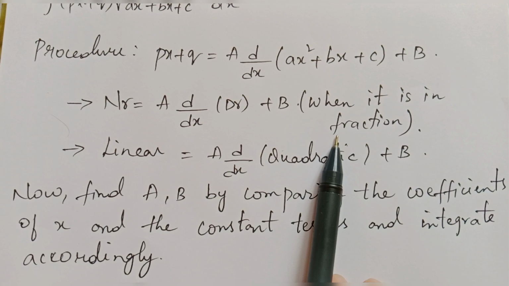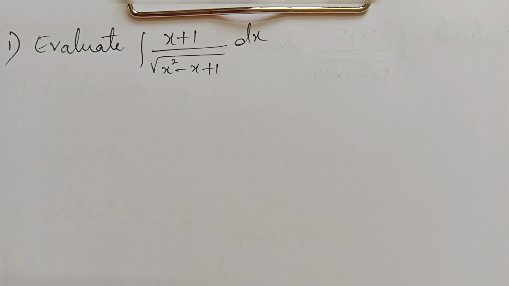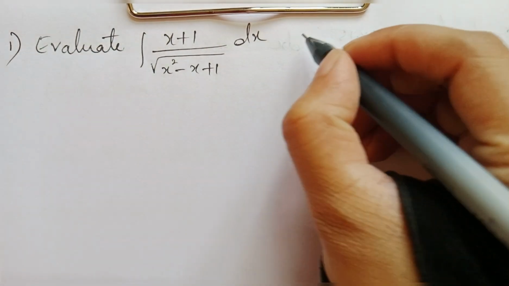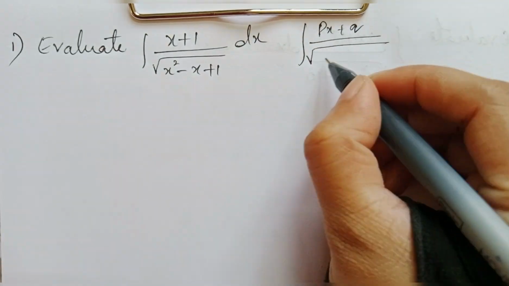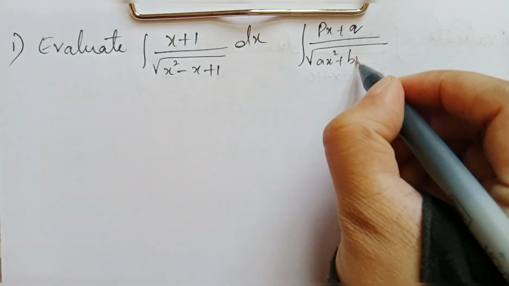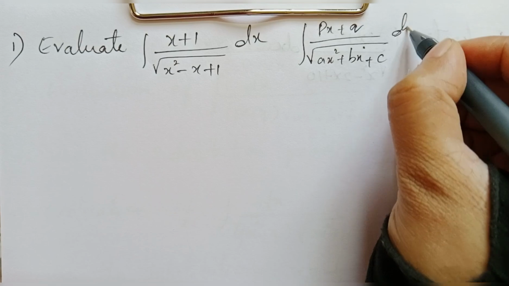This is a very important rule to remember in order to solve the questions. We'll solve a few questions based on these types so that you will understand better. So our first question is: evaluate the integral of (x plus 1) by root of (x square minus x plus 1) dx. This function is in the form of the integral of (px plus q) by root of (ax square plus bx plus c) dx.